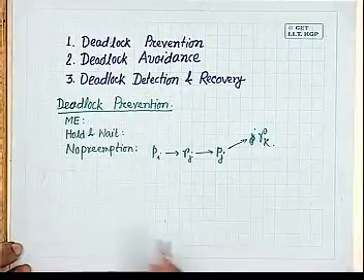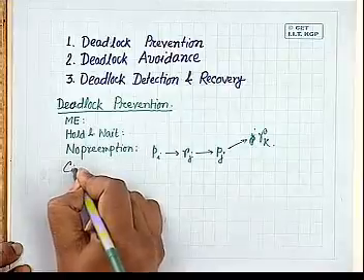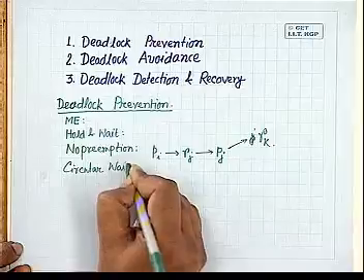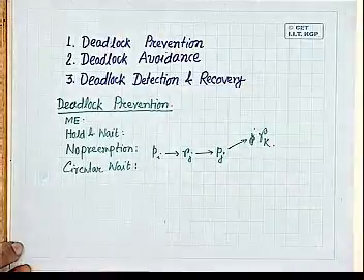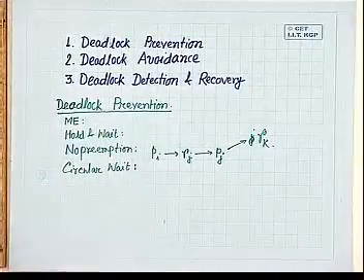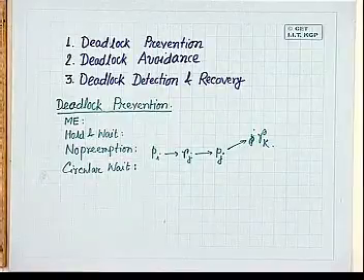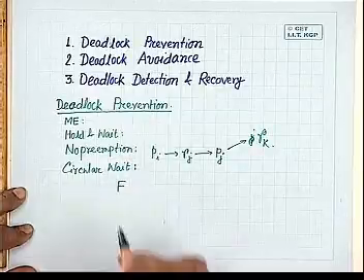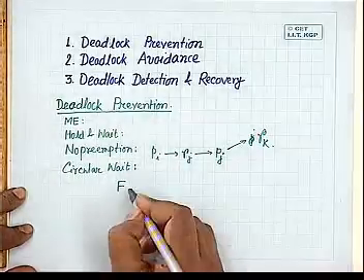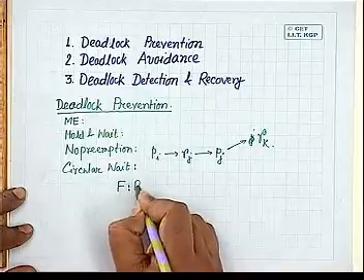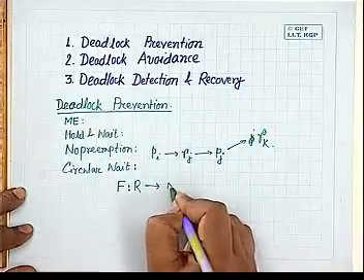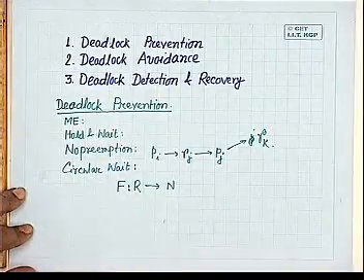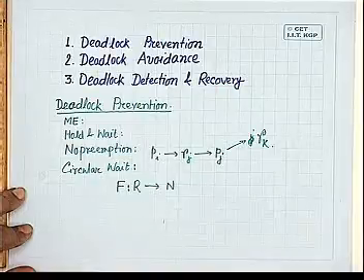And the fourth condition, that is the circular wait, can be broken if we allow the processes to request for resources in a particular order. So for that what we do is, we decide a mapping function, say f, which maps resource types to the set of integers n. That means for every resource type Rj, I have a corresponding integer number.